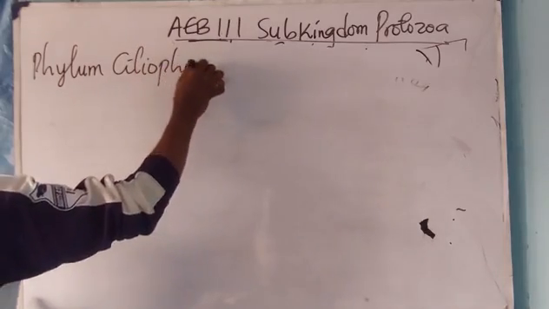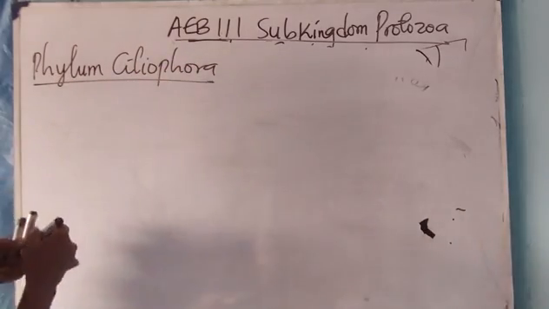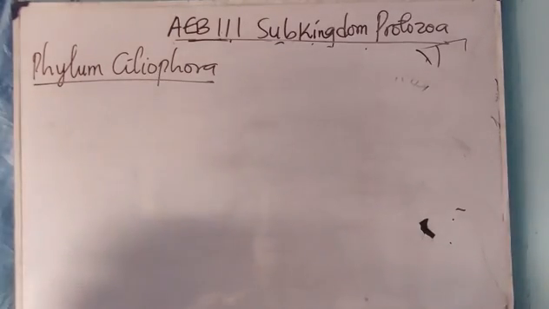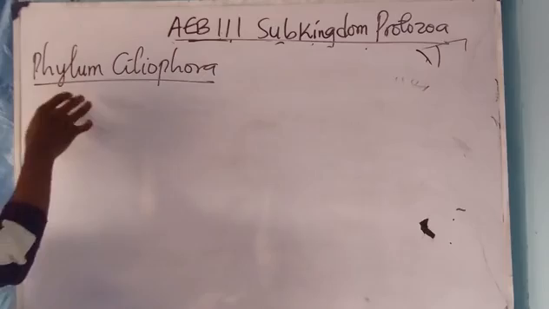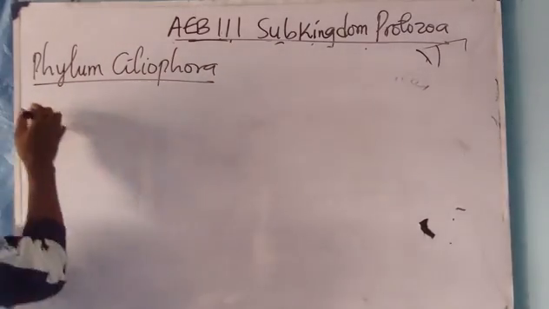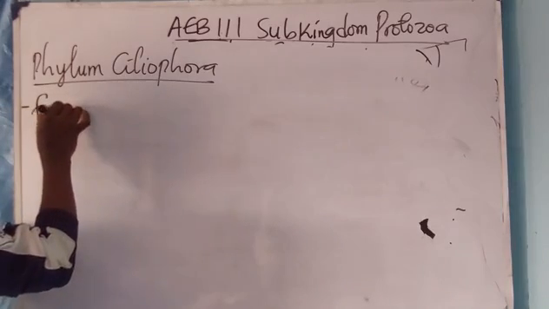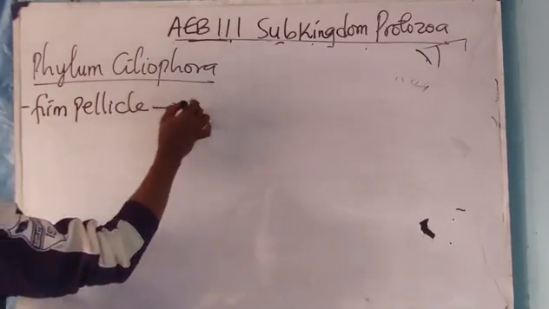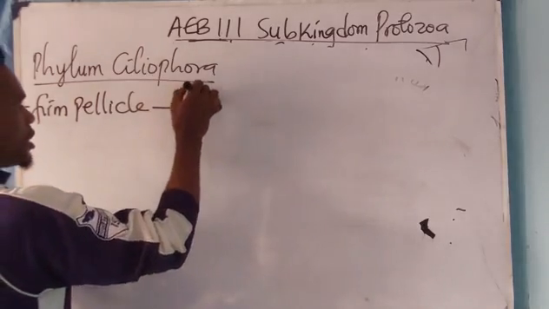Just as the name implies, there are organisms that possess cilia for locomotion. And these organisms have a firm pellicle. This pellicle is responsible for the slipper shape.